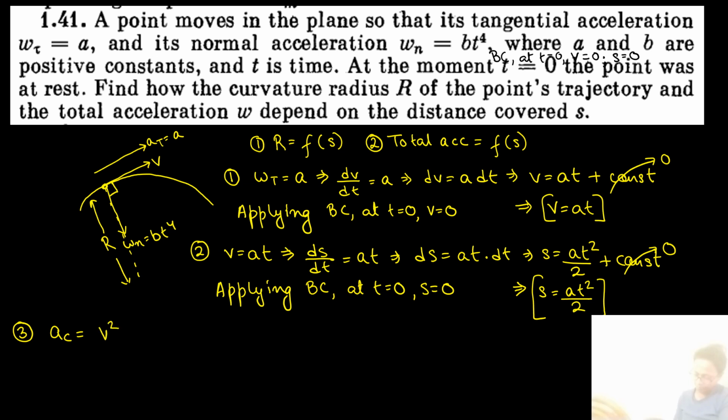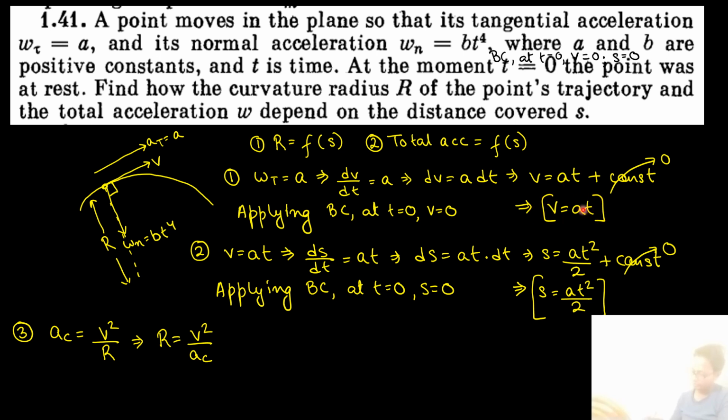It is always v square by r, or r equals v square by centripetal acceleration. What is the value of v? The value of v is nothing but a into t.